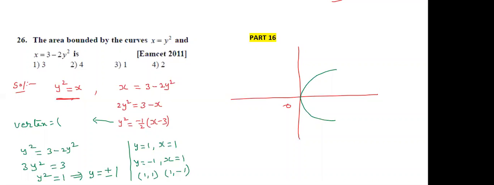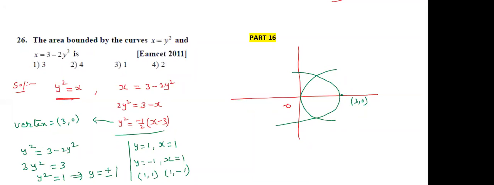Vertex is 3 comma 0. So I am expecting that 3 comma 0 is here approximately. This is the vertex of the parabola and the parabola is in the form of y square is equal to minus 4x. The curve is like this. This is the curve.